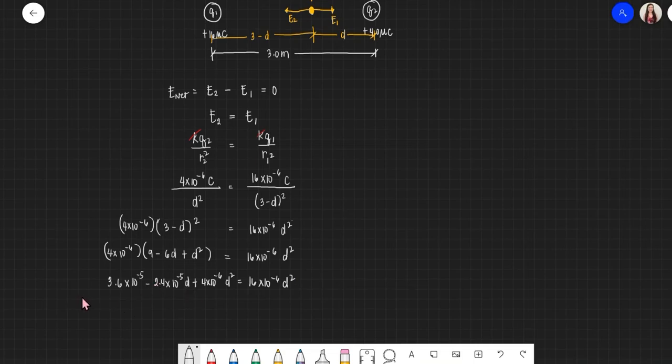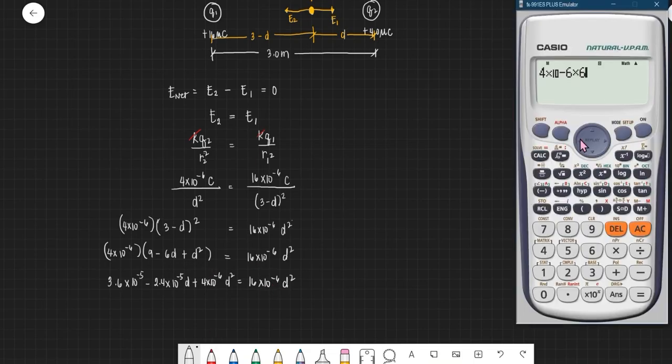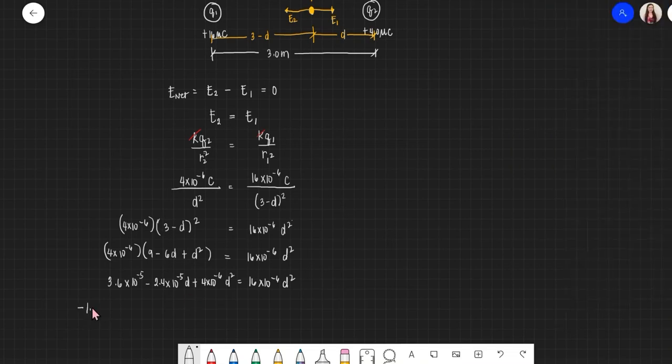So we can rearrange this and subtract. We'll transfer the 16 to the left side. So 4 times 10 to the negative 6 minus 16 times 10 to the negative 6 equals negative 1.2 times 10 to the negative 5 D squared, minus 2.4 times 10 to the negative 5 D, plus 3.6 times 10 to the negative 5 equals 0.